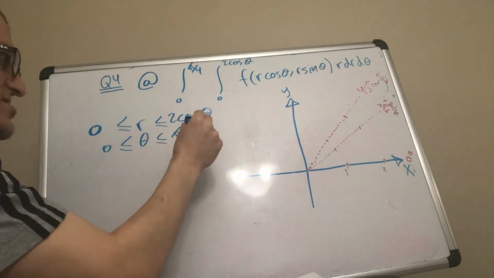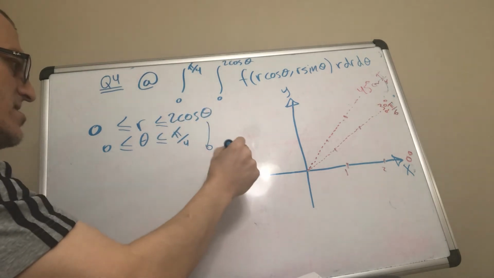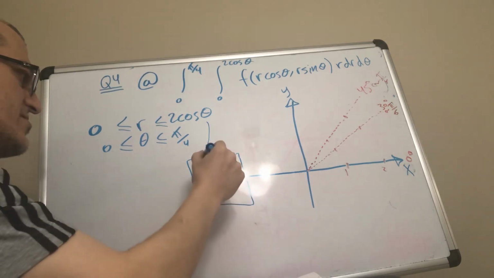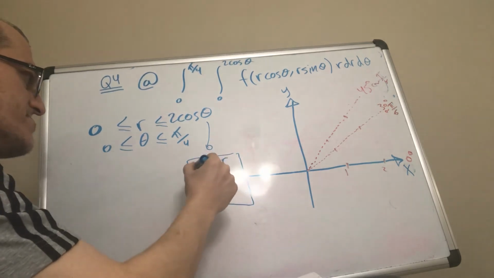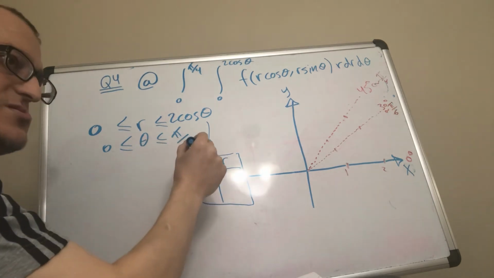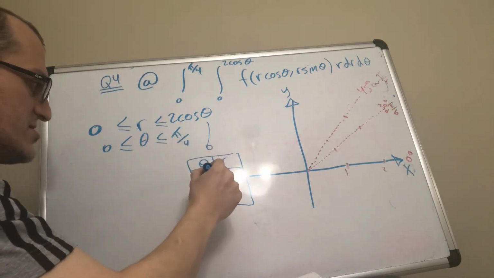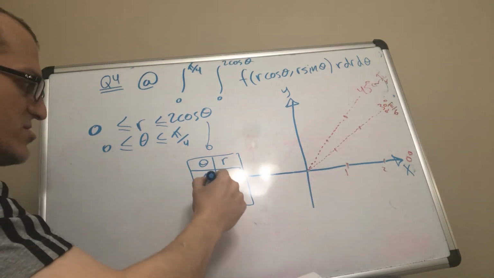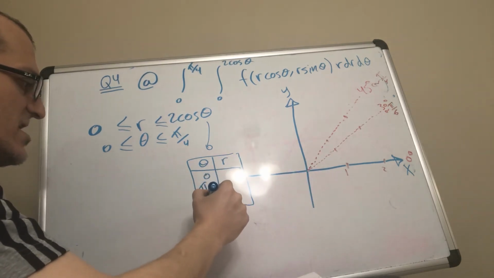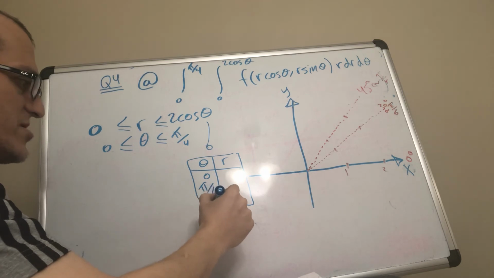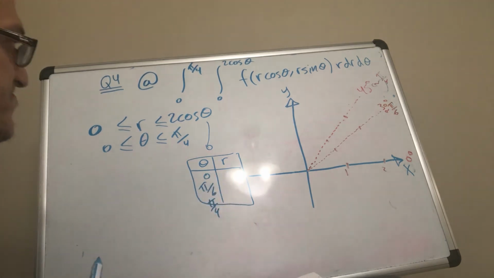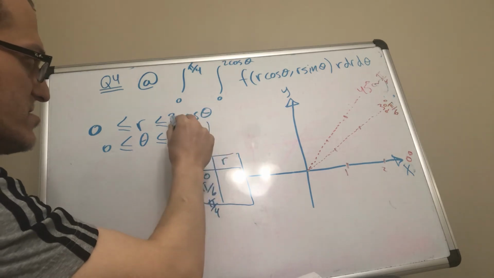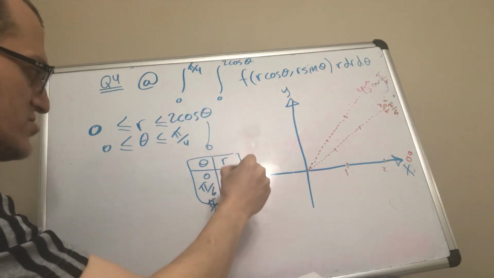So I want to sketch this. I'll do my table for theta and r. I have from 0 to 45, so I'll do 0, angle 30, which is pi over 6, and angle pi over 4. You plug in 0, cosine of 0 is 1, so r becomes 2.